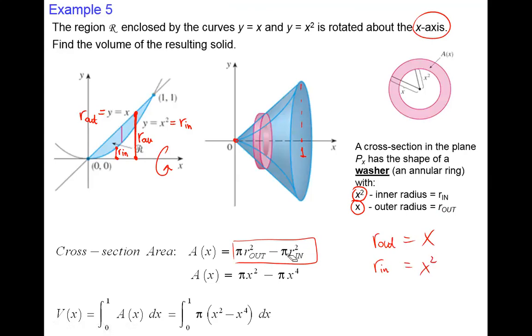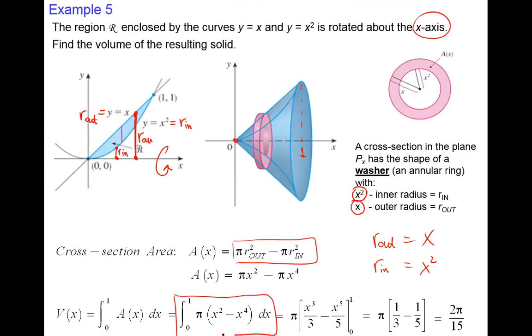Substituting, x squared for the outer and x to the power of 4 for the inner, I have x squared minus x to the power of 4, and pi, of course, is a common factor. When I integrate, I get 2 pi over 15. But what is important, again, is this one. That's the important part.